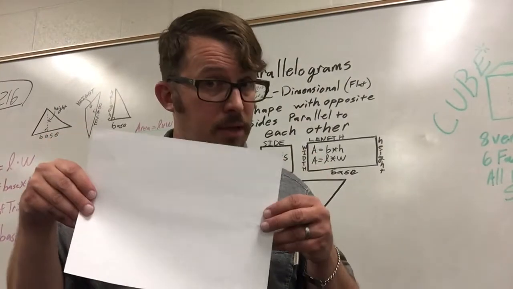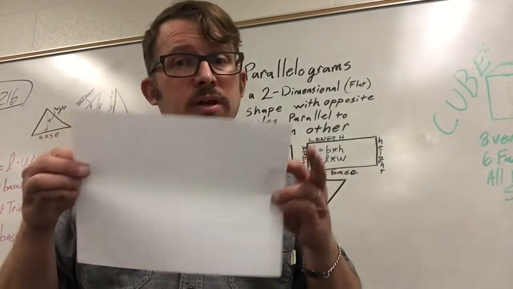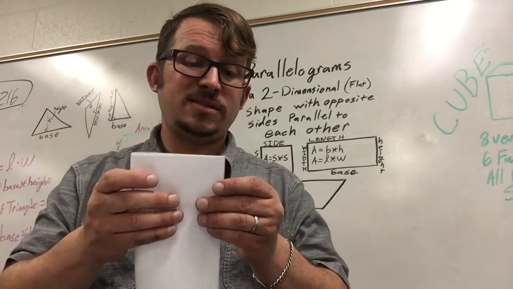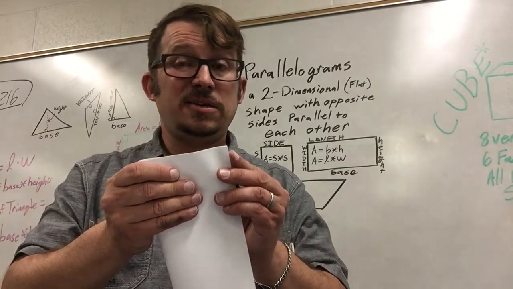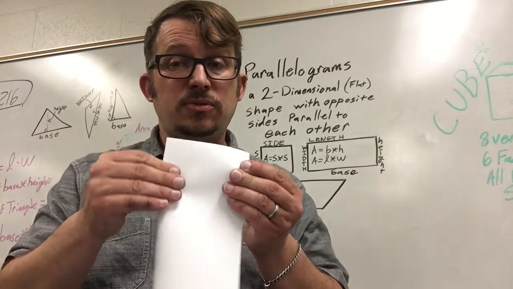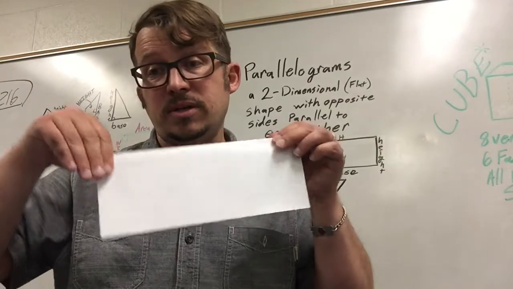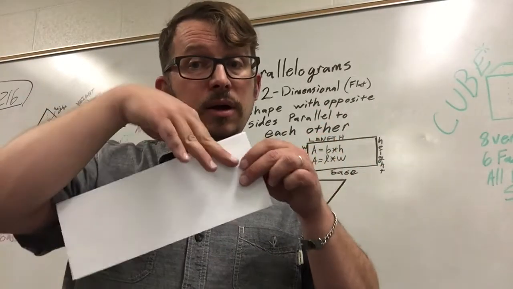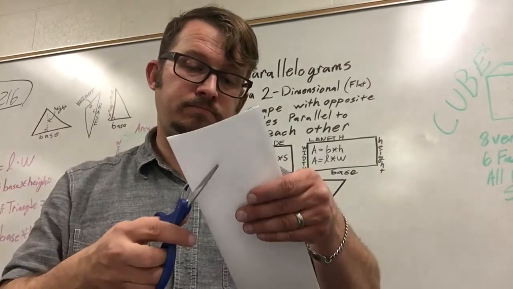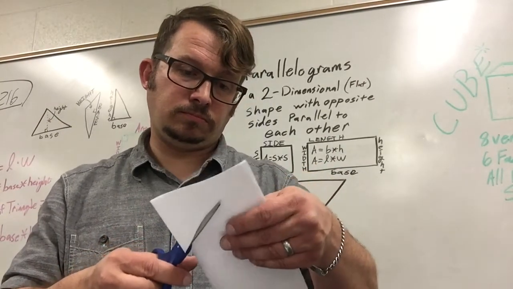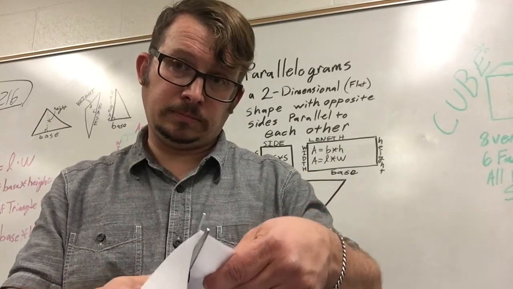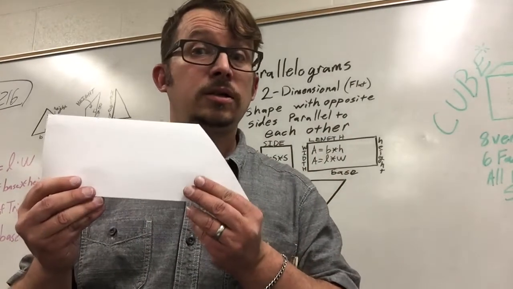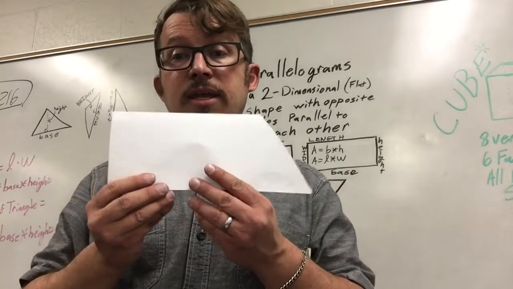I'm going to make a parallelogram, but I like it kind of long and skinny. So, it's just going to be easier for me. I'm going to start it long and skinny, and I want to cut off one corner. Click, clack. There it is. That end's cut off.